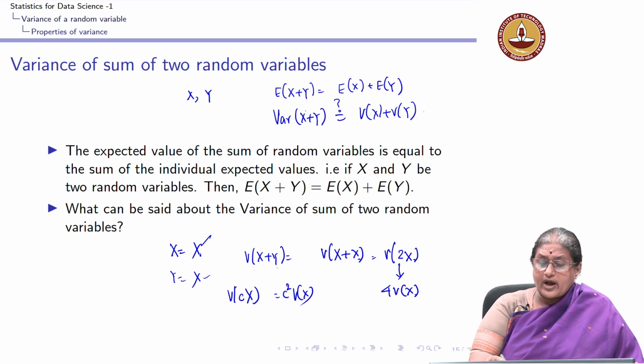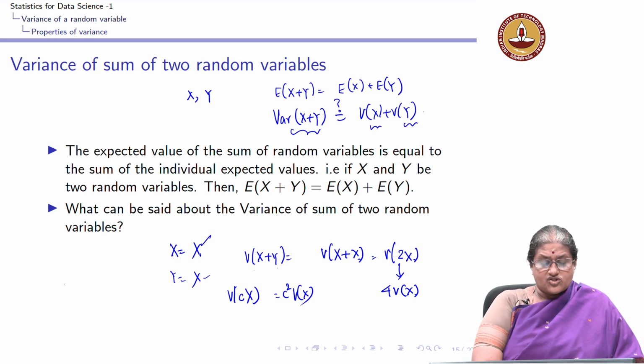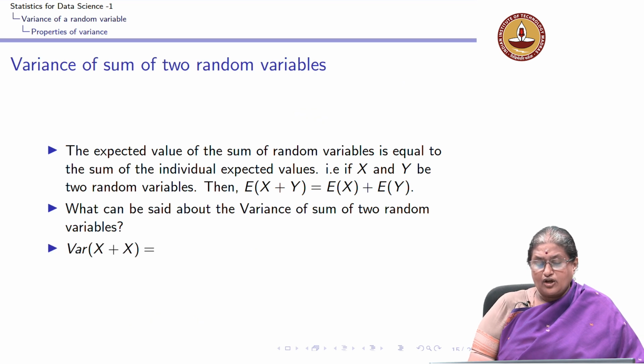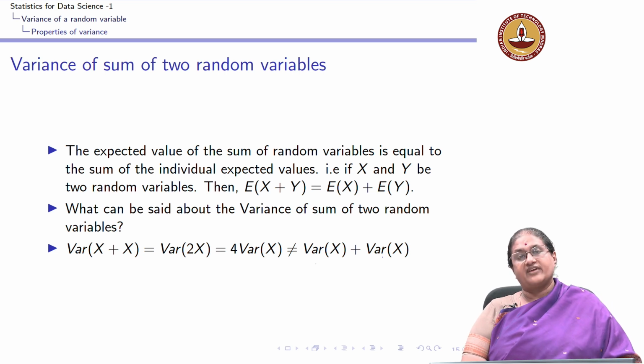Now, if I wanted to know whether variance of x plus y is variance of x plus variance of y, looking at the right hand side, I get variance of x plus variance of x, which is 2 times variance of x. I can see that 4 times variance of x is not equal to variance of x plus variance of x.